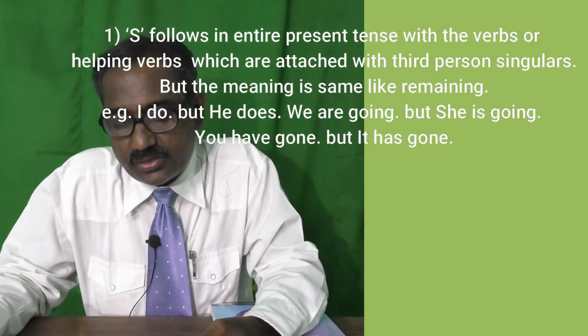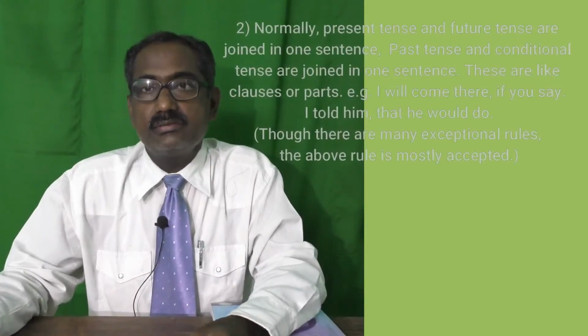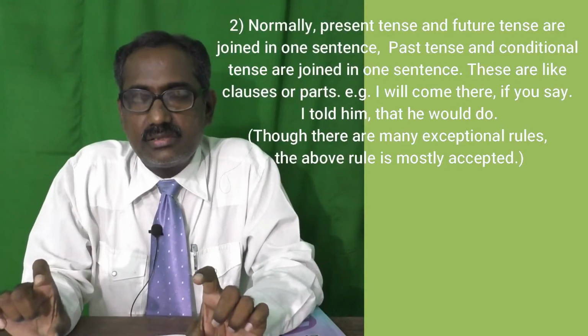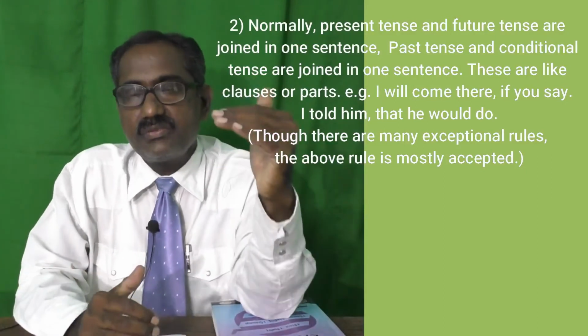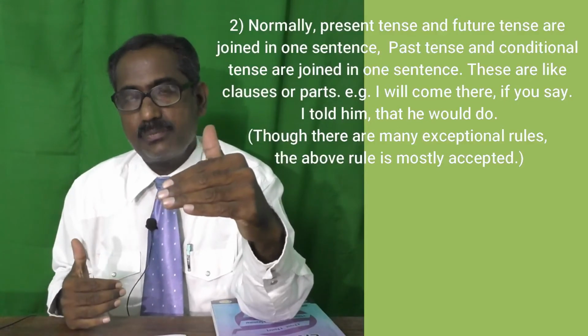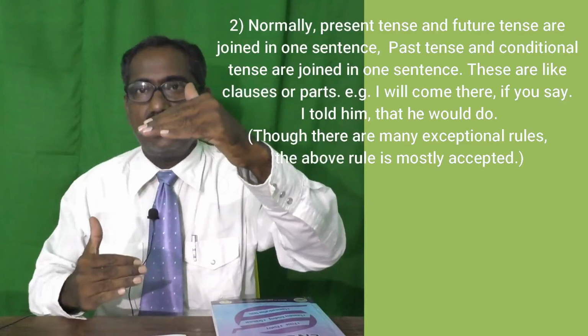Normally present tenses and future tenses are joined with what? In conditional tenses. In all conditional tenses we use present tense with future tense and past tense with conditional tense. Observe, present tense with future tense and past tense with conditional tense.